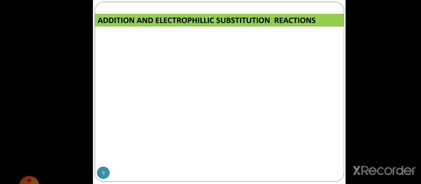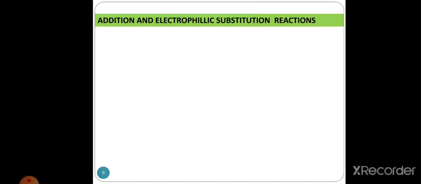Now, the different types of reactions which anthracene undergoes. Addition and electrophilic substitution reactions. Anthracene undergoes addition and electrophilic substitution reactions.